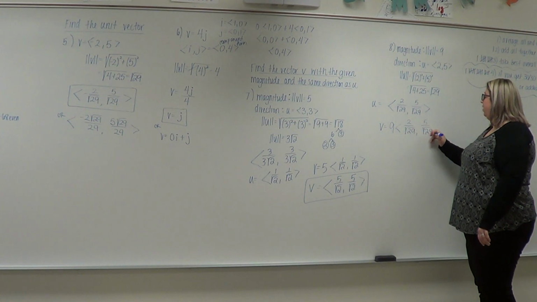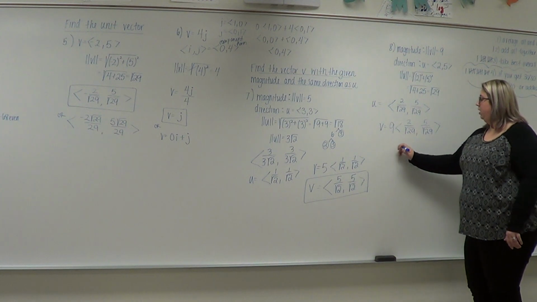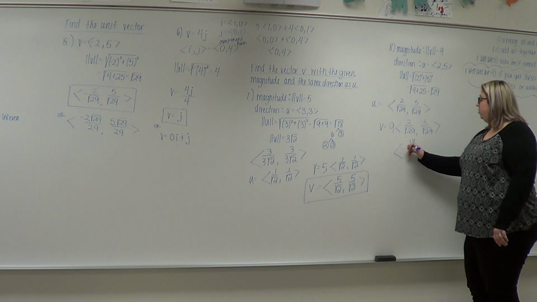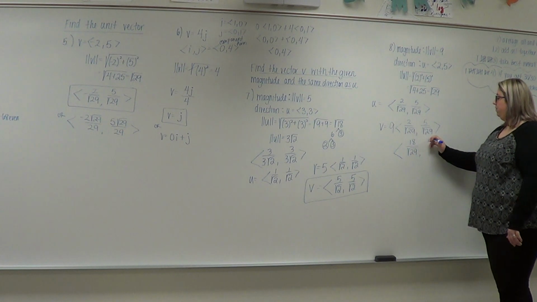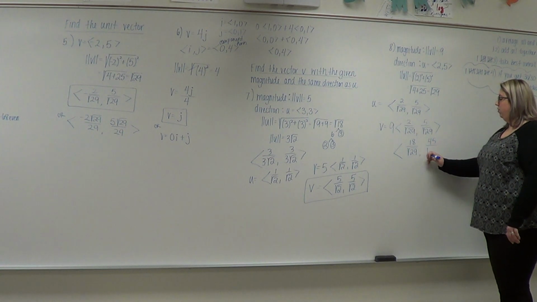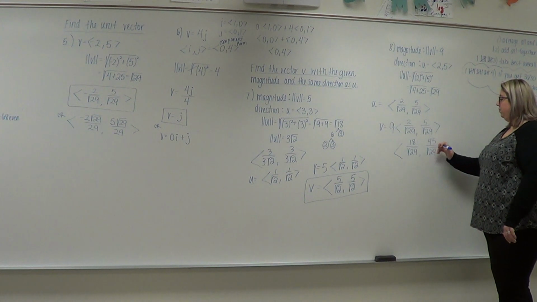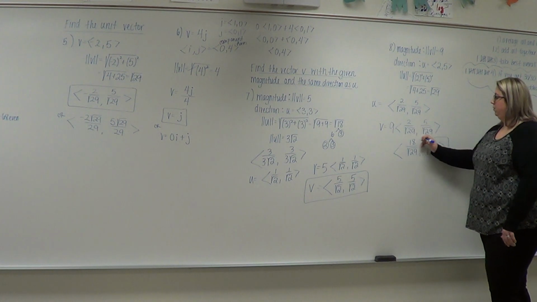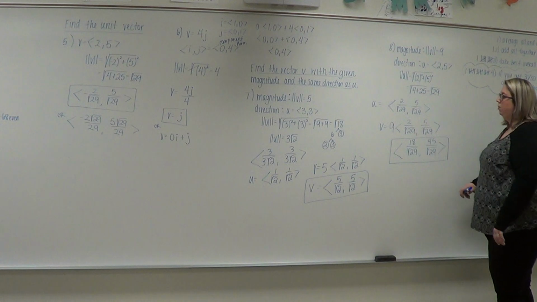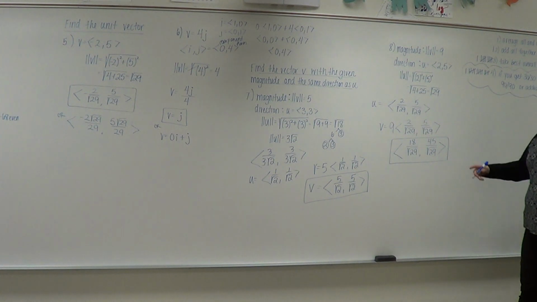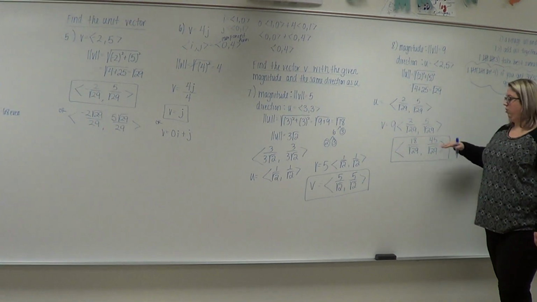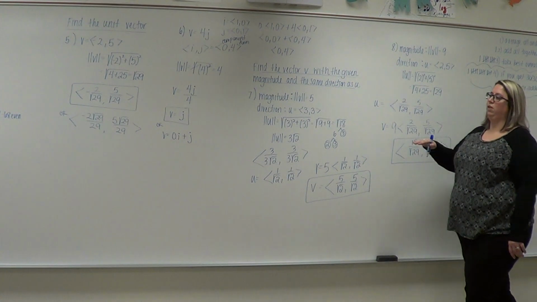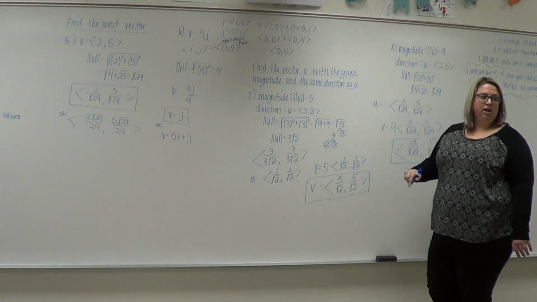Okay, remember you're multiplying fractions, just multiply the top, so this would be 18 over square root of 29, 45. Now, because these start in component form, you're answering in component form. If it started with i's and j's, then you're answering in i's and j's.